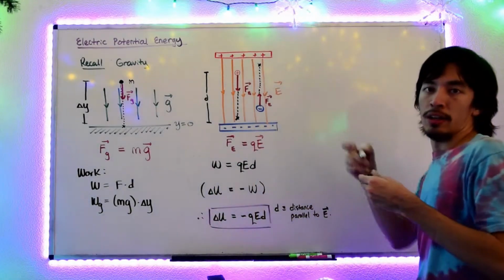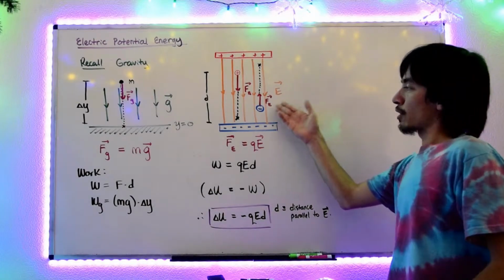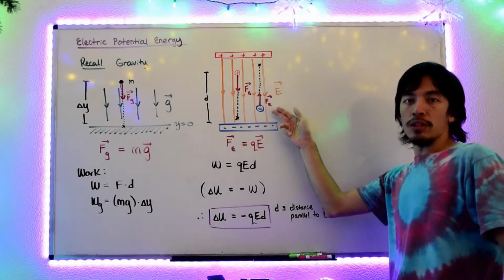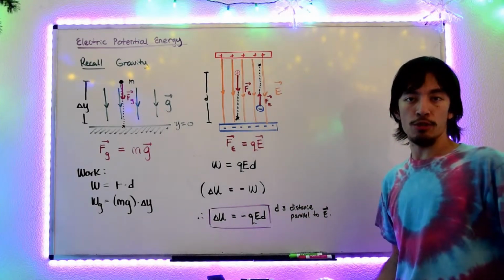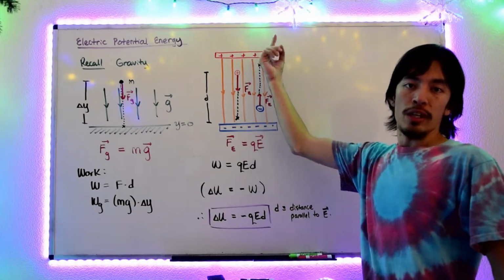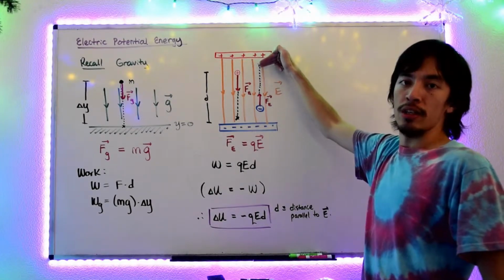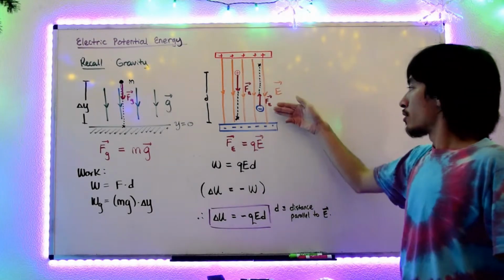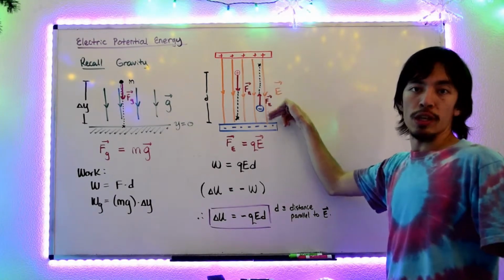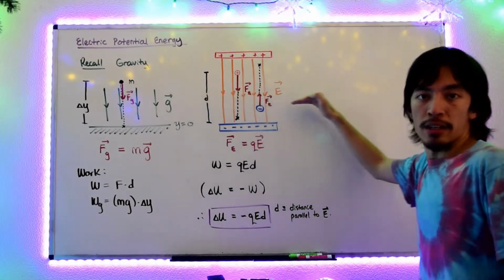For negative charges, the direction it naturally wants to go, which is the direction it loses potential energy in, is against the electric field. So it will lose potential energy in the opposite direction as a positive charge. If you move the electron or a negative charge with the electric field, it would instead gain potential energy. But if you still move it side to side, it remains unchanged.